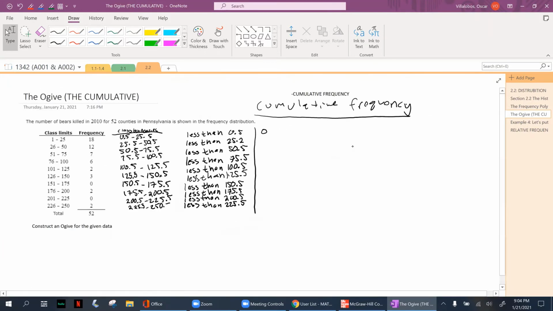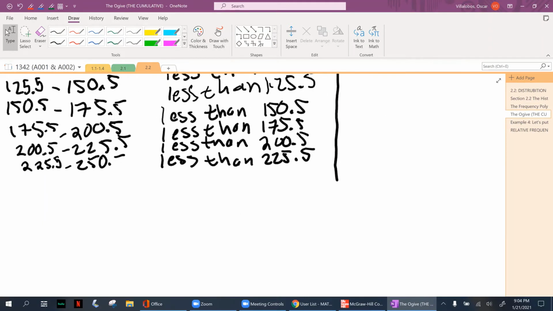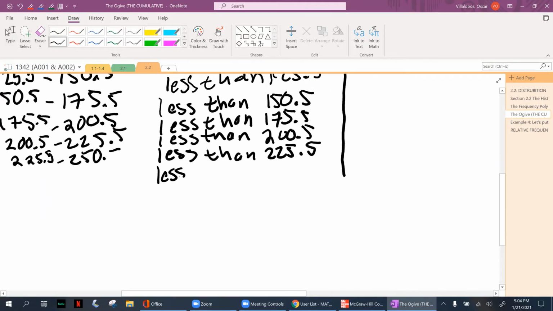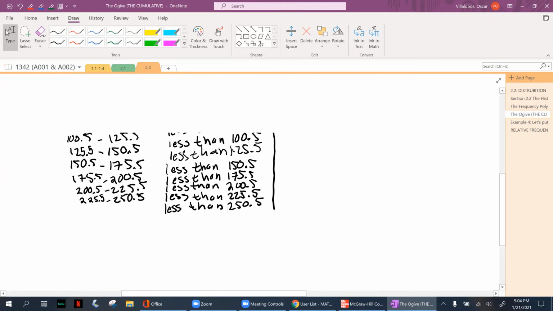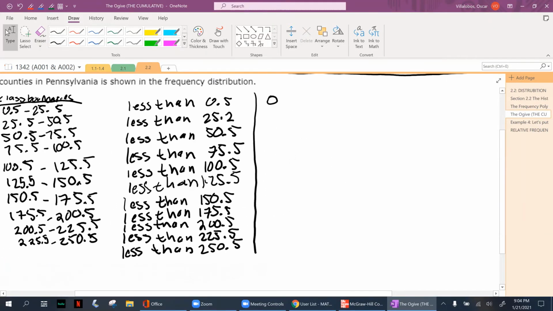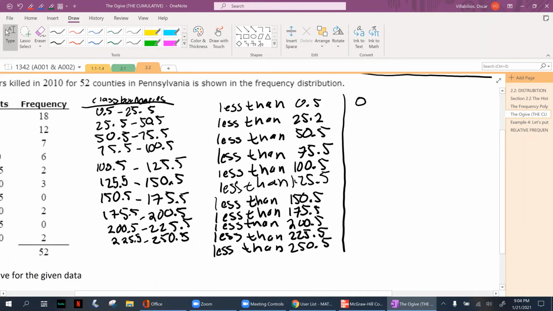Here it should be less than the largest value, the most bottom right, so this should be less than 250.5. And there we go. Let me have those frequencies.